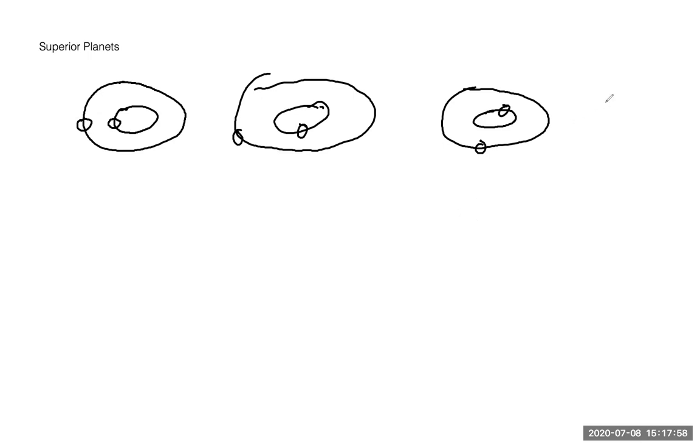By the time this outer planet gets wherever it's getting to, Earth will have moved quite a bit. So say Earth completes the orbit here, and that outer planet is now there. Earth moves a lot faster than this outer planet.